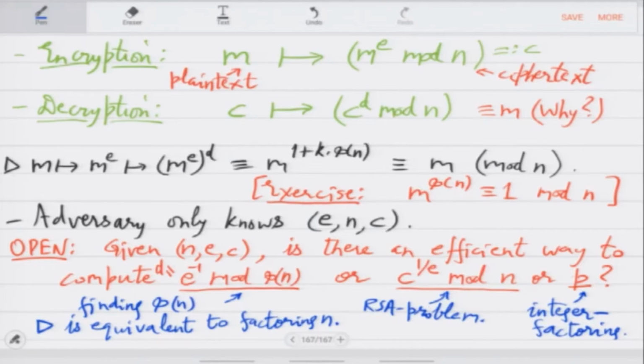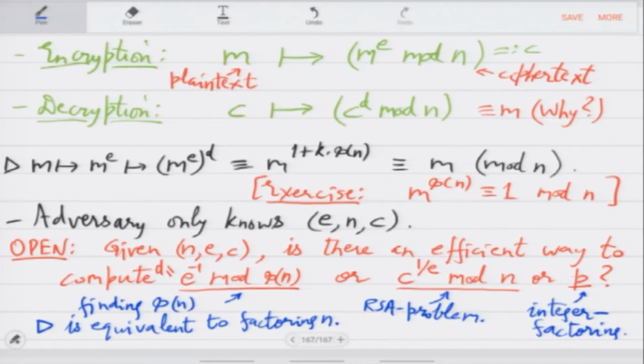So basically the question is solve the RSA problem, eth root finding, or factor n. It is not known whether the two are related.